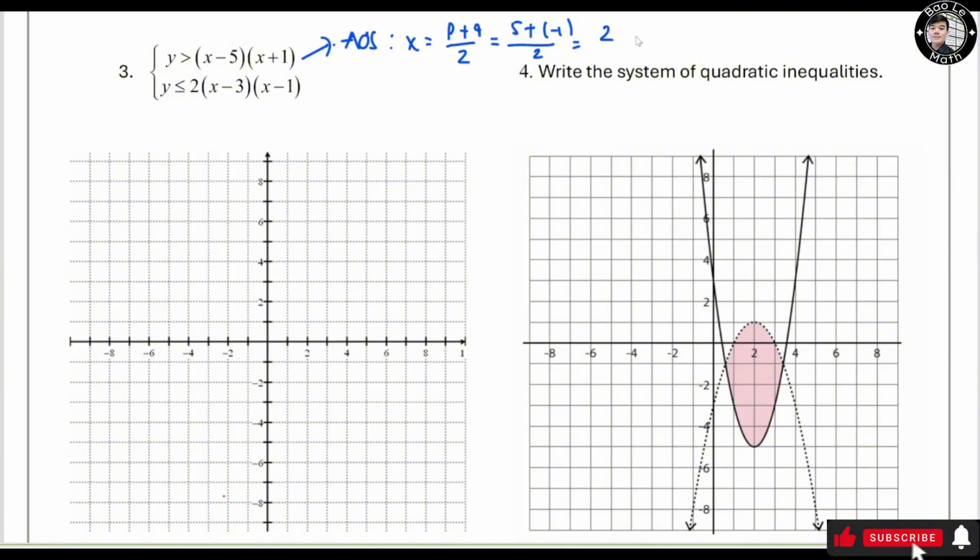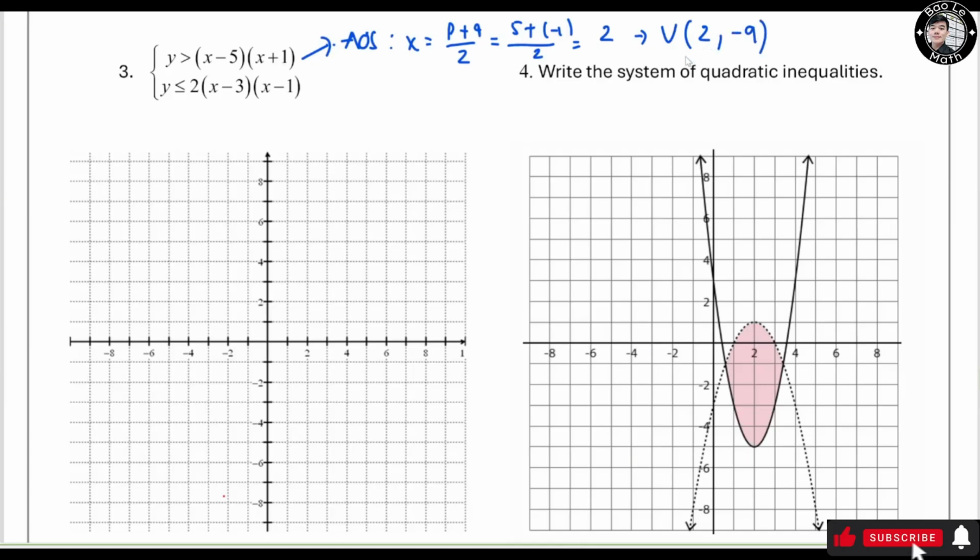And then I need to find the vertex, right? Substitute 2 back over here, so V is going to be (2, 2 minus 5 is -3, 2 plus 1 is 3, 3 times -3 is -9). And this is my vertex, right?